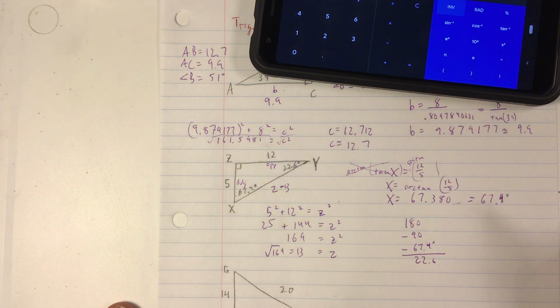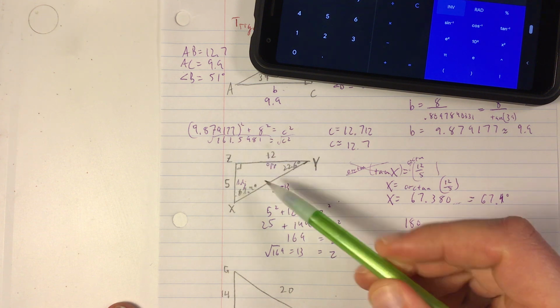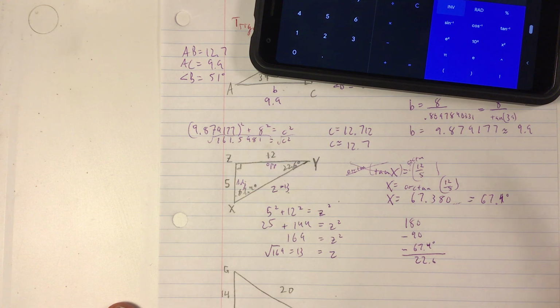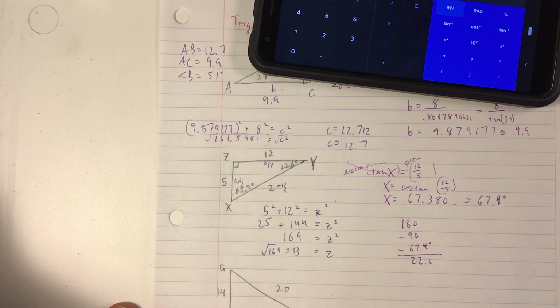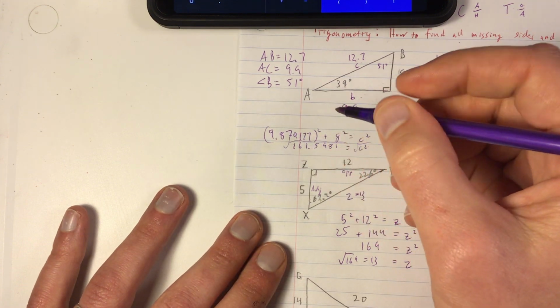Now let's check. Does this make sense? This is the largest angle, largest side. Medium angle, medium side. Smallest angle, smallest side, and it all checks out. So let's come over here to the side, fill out our information.